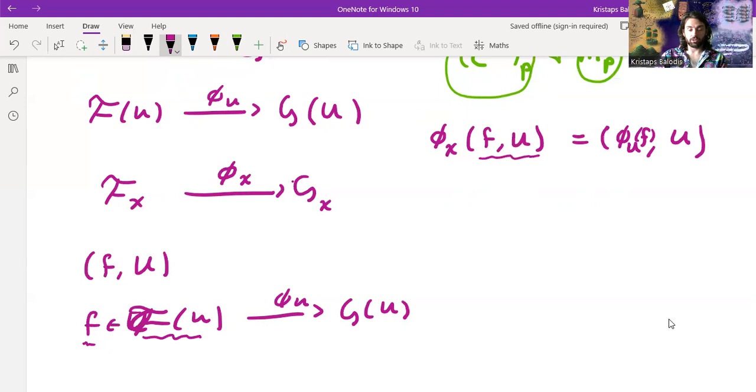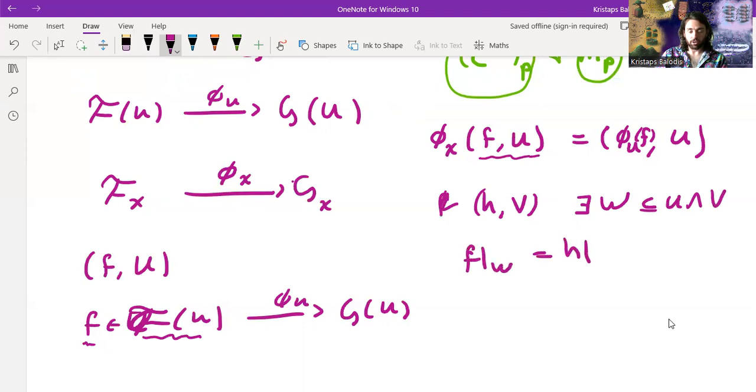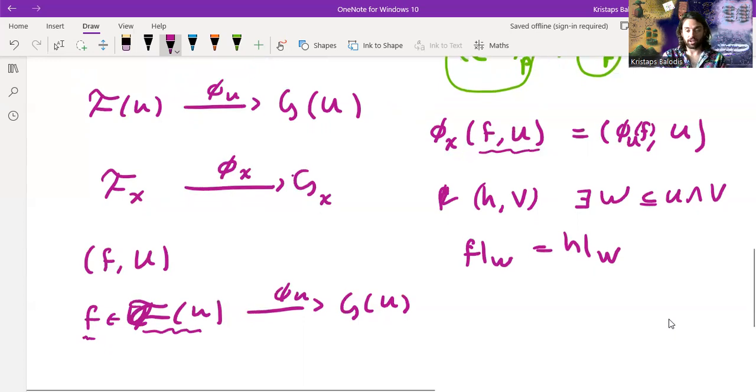So you need to convince yourself that if you had some pair h and V such that there existed some W in the intersection of U and V for which f restricted to W was equal to h restricted to W, then that should be respected on the other side, right?